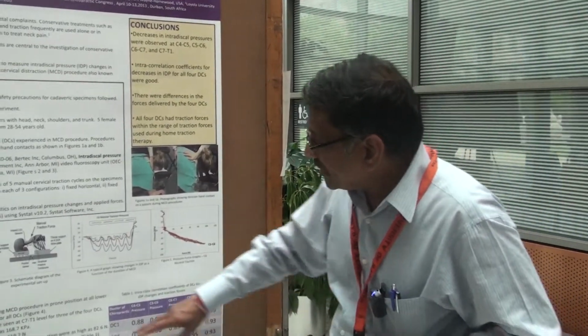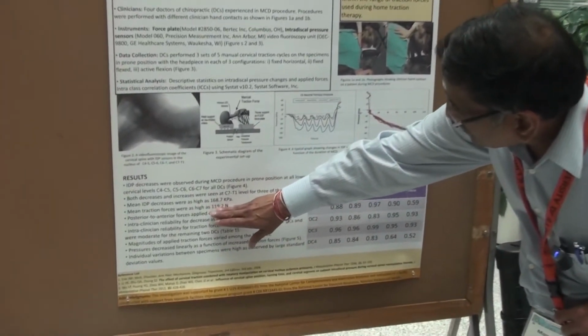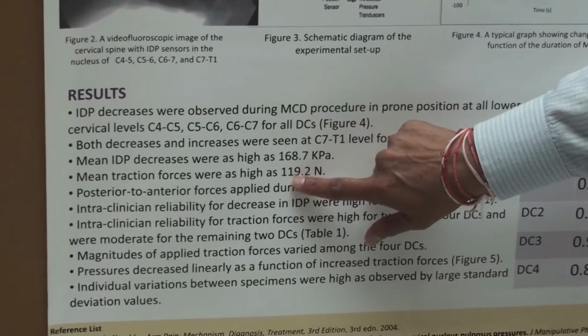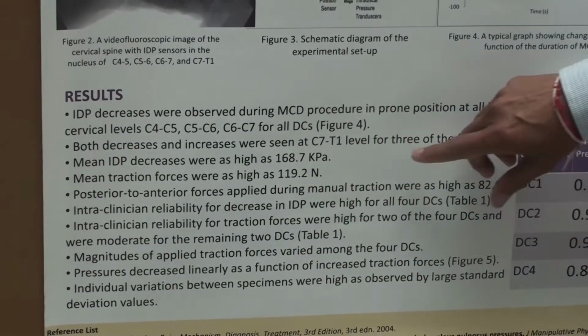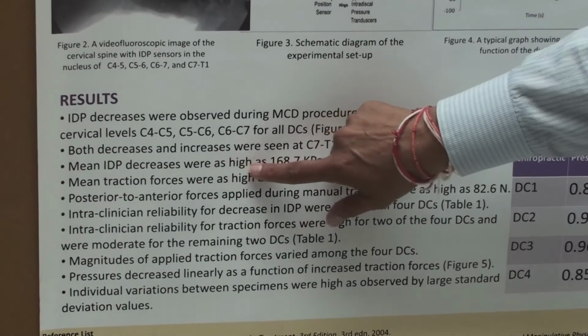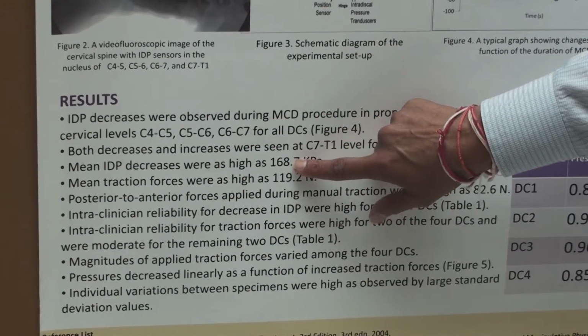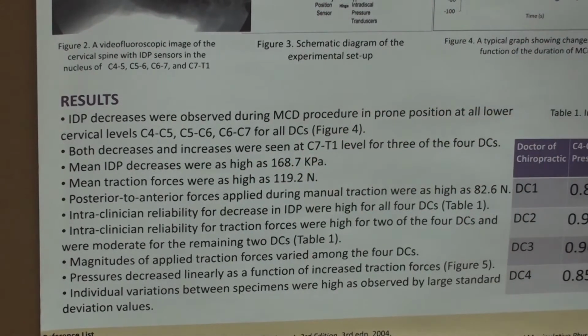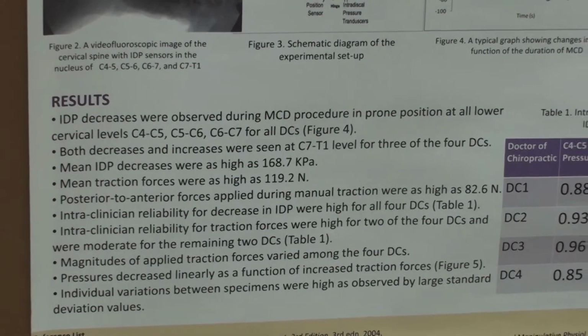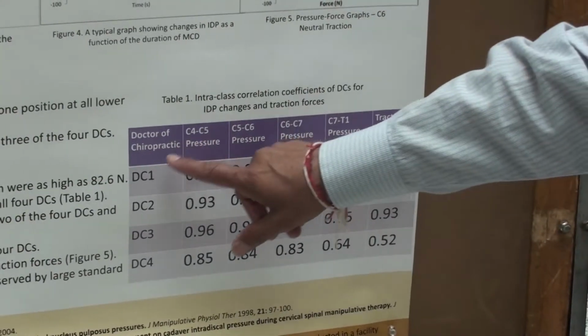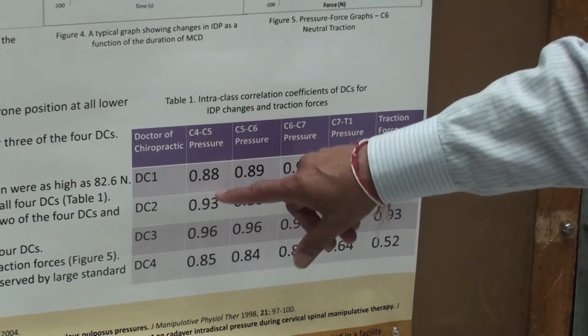When we measured the forces, they can be as high as 120 newtons, and the mean intradiscal pressure decreases were as high as 168 kPa. The doctors repeated this procedure 3 times.